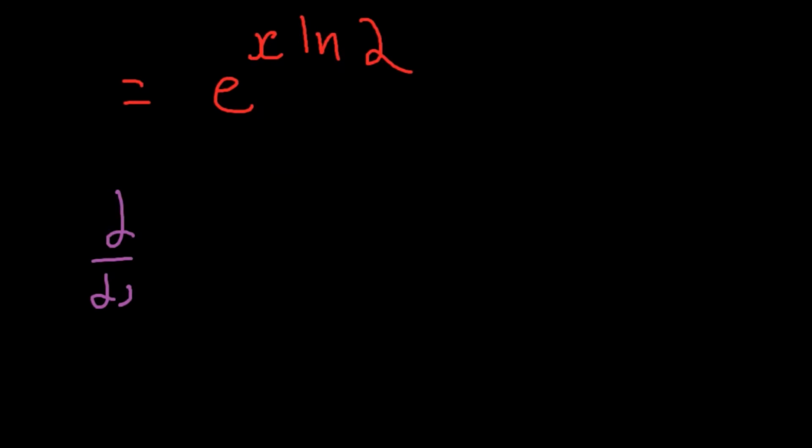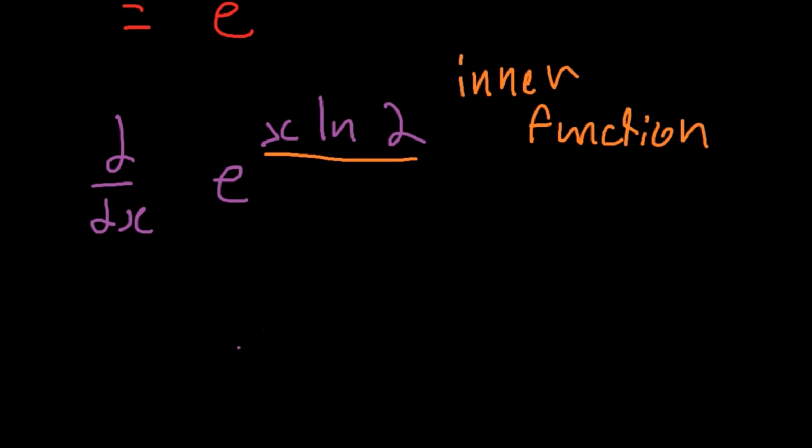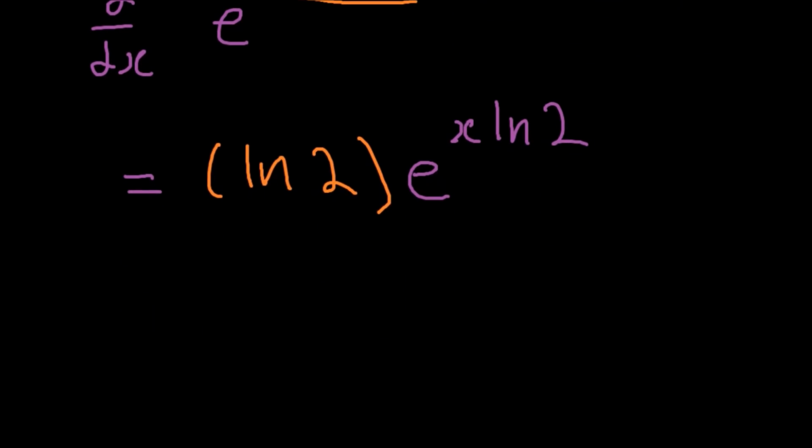a perfectly differentiable expression. For this, we use the chain rule, where the inner function is x times the natural logarithm of 2. So the derivative becomes the derivative of the inside, being the natural logarithm of 2, times the derivative of the outside function, which doesn't actually change since this is what e^x does. So the derivative of 2^x is the natural logarithm of 2 times e^(x ln 2).